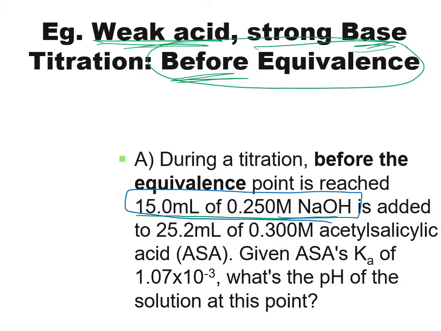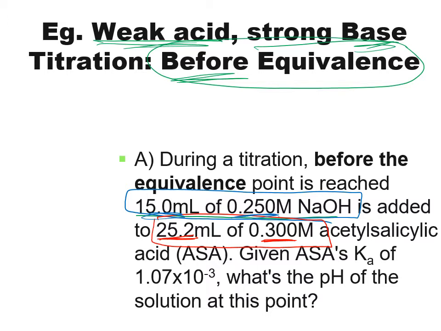Then the acid that we're using is 25.2 milliliters, and it is a 0.3 molar solution of acid. Just based on those numbers, we can see that the acid's more concentrated and there's more of it. So there won't be enough base to fully neutralize that acid.